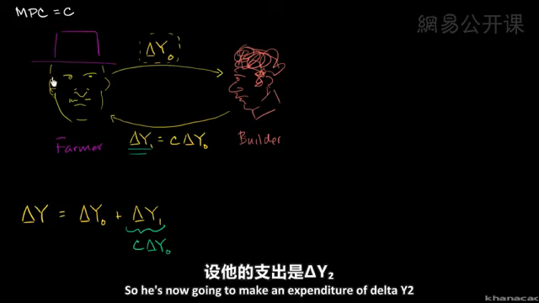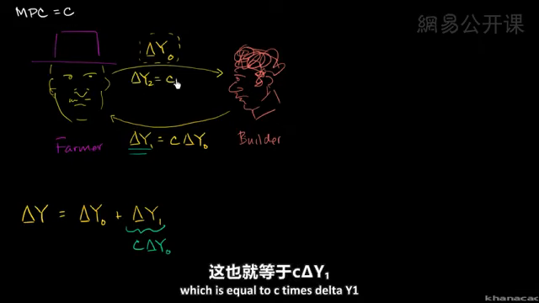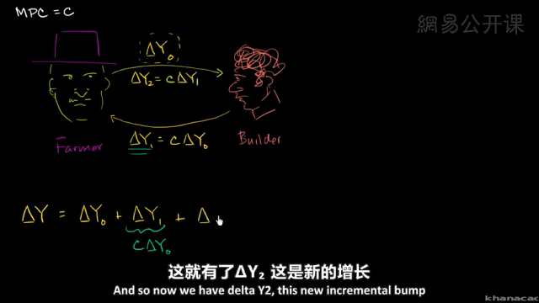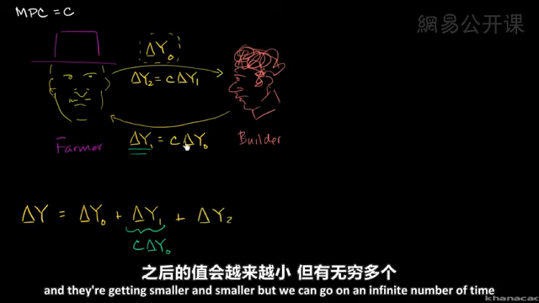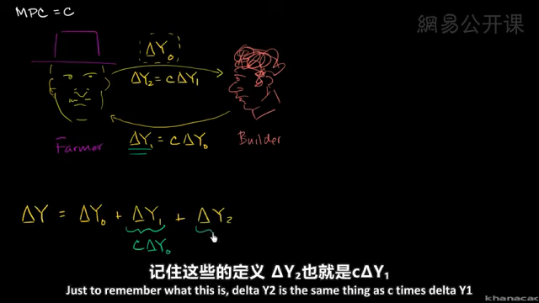So now he's going to spend C times that. He's now going to make an expenditure of delta Y2, which is equal to C times delta Y1. And so now we have delta Y2, this new incremental bump. And they're getting smaller and smaller and smaller, but we can go an infinite number of times. And just to remember what this is, delta Y2 is the same thing as C times delta Y1.